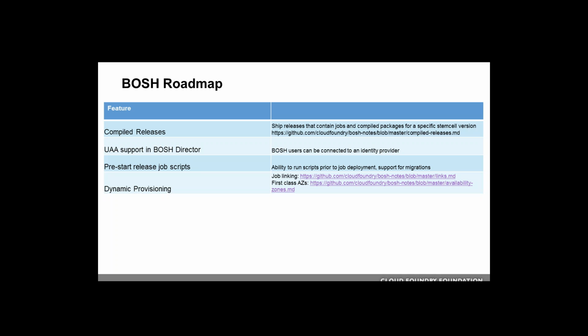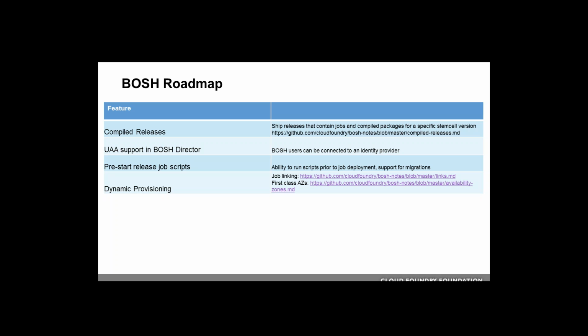There's UAA support in the BOSH director, so if you wish, you can have your BOSH users connected to some separate identity provider, like Active Directory. There's work on the pre-start release job scripts, and we hope this will allow for support of migrations with BOSH.